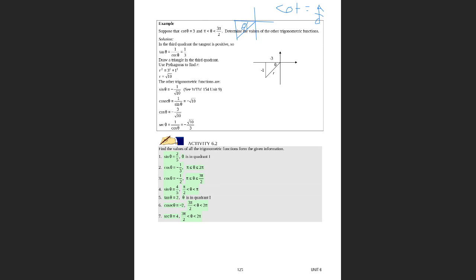Even though it equals 3, it's the same as 3 over 1. But because we are on the negative side of the Cartesian plane, here is going to be negative 3 and here negative 1. So negative 3 divided by negative 1 will be equal to 3. That's why we are getting 3 there.